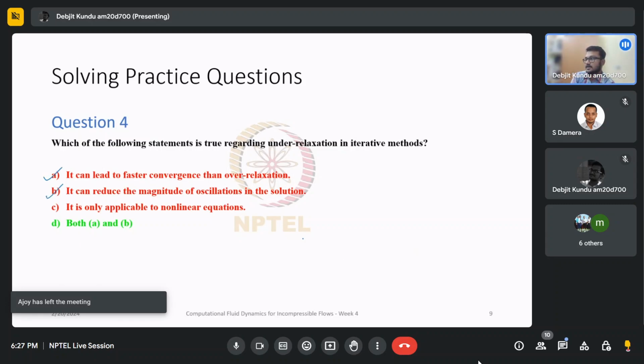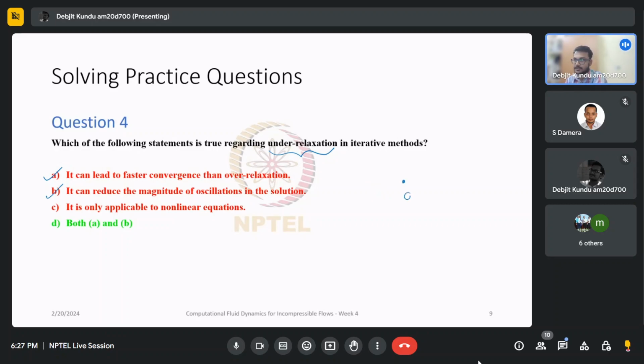So the main reason why under relaxation is used is something which I briefly introduced in the over relaxation question. Let's say if I over relax, I'll draw a graph maybe.